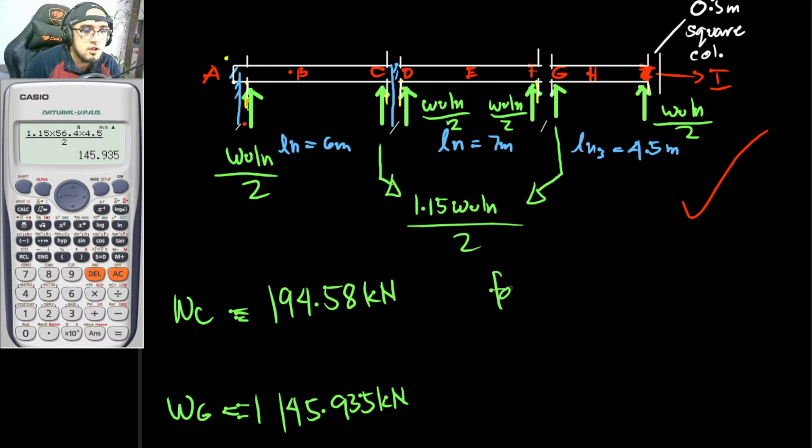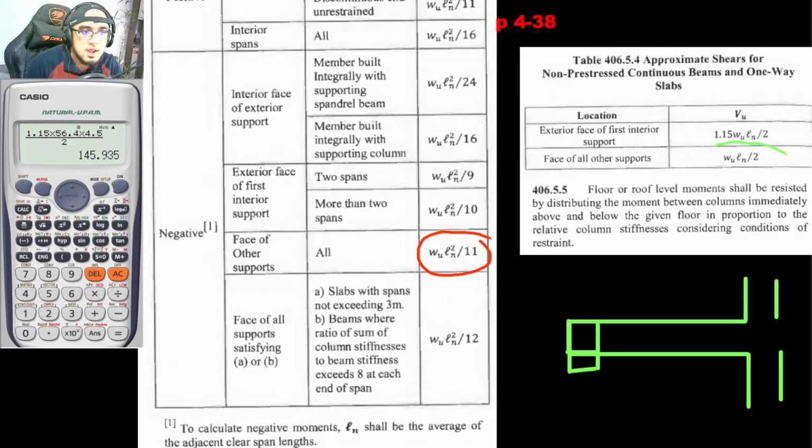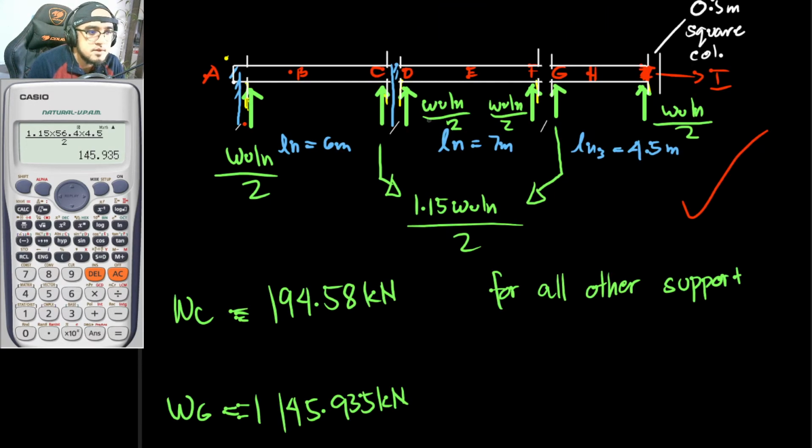And for all other supports, so sa lahat na ng natira, so from WA, WD, WF, and WI, we will be using this one only. So, WLN over 2 lang. So, for WA, for WD, WF, and WI.